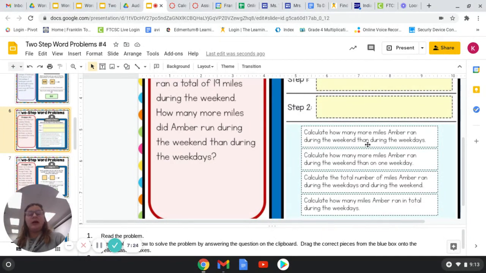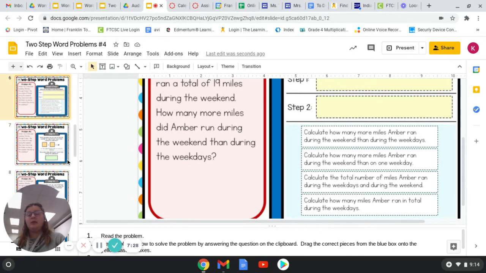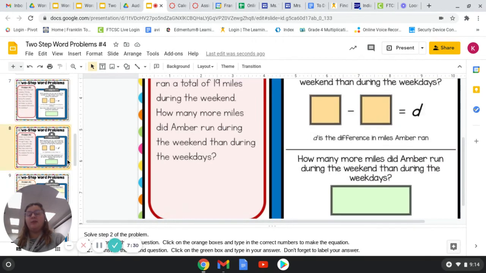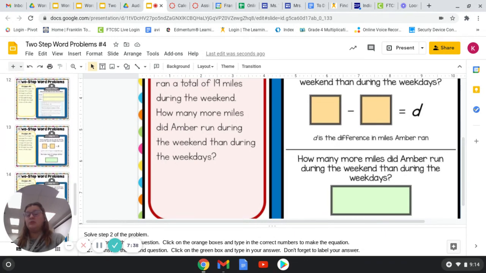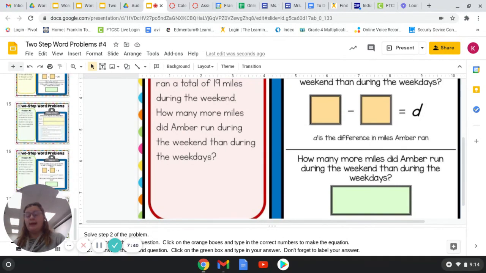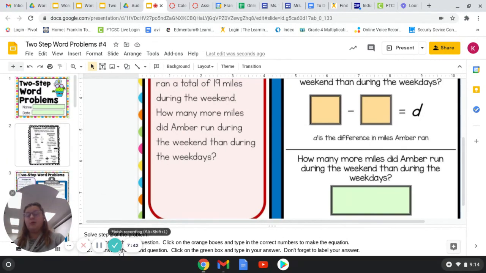You're going to drag the steps in order, and then you're going to solve the problem in 2 steps, just like I did with problem number 1. There are not that many to do, and I believe in you guys. You can do it. Remember, I'm on Zoom the whole class period if you need help.